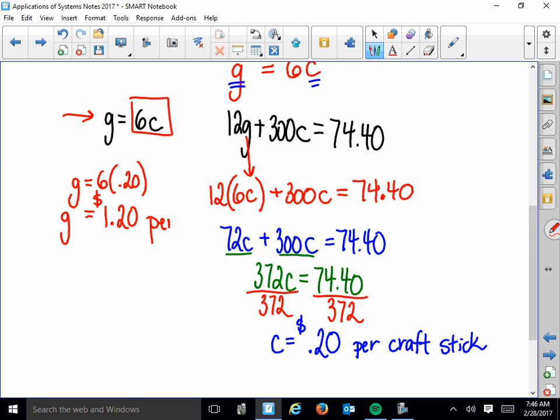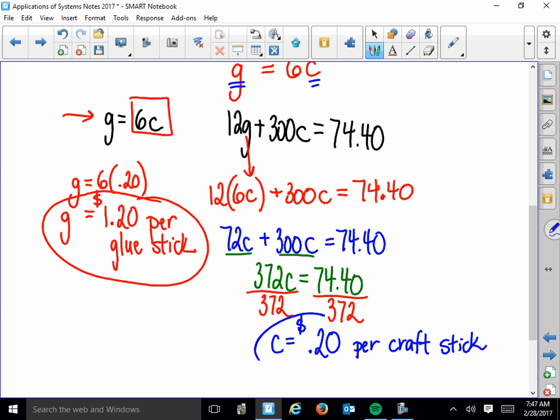So the price of every glue stick is $1.20. I'm going to make sure that I'm very clear, that I circle my answers and have everything labeled before I finish.